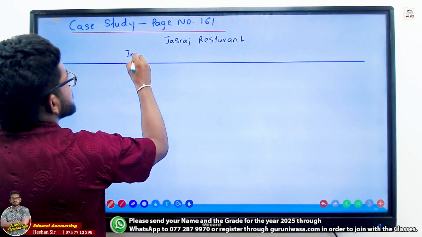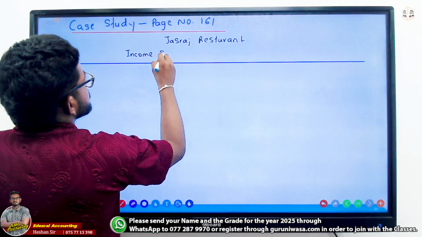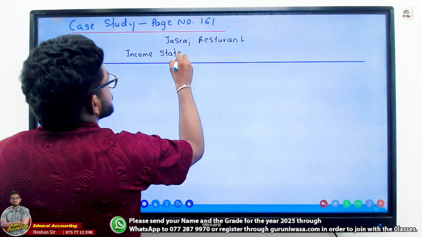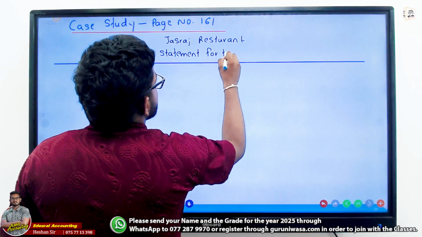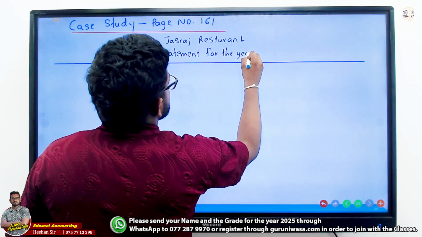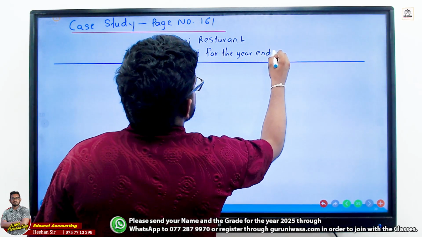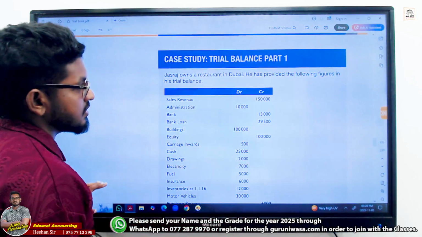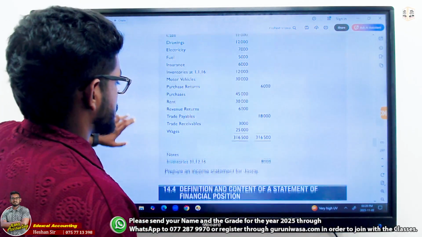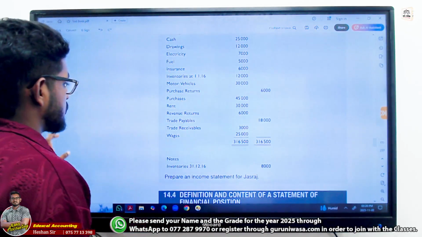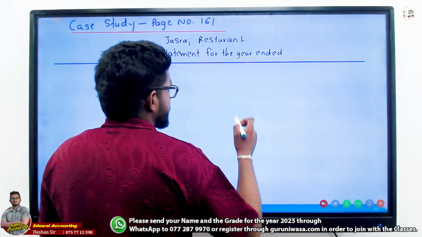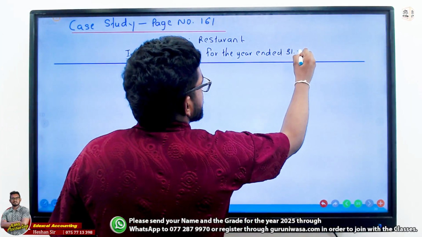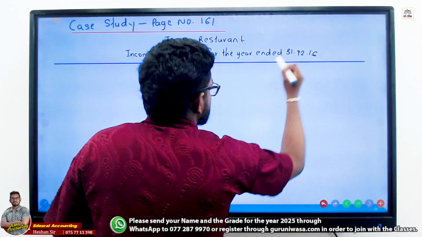Income statement for the year ended. There is no year given, right? So 31st December 2016 is the ending date.